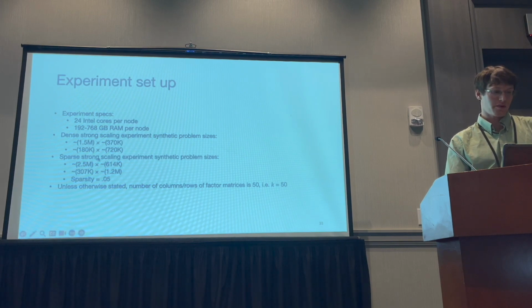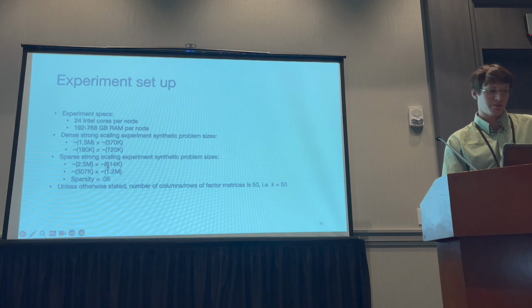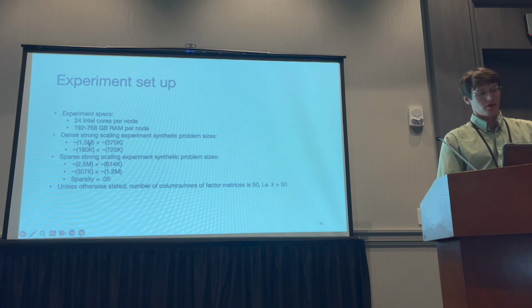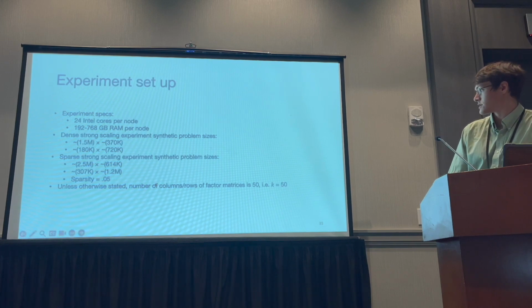Here's a brief review of the dense and sparse scaling parameters that we ran with. The main difference is the ratio between the number of rows and number of columns for the dense and sparse cases. And unless otherwise stated, the low rank k of each of the factors is 50.